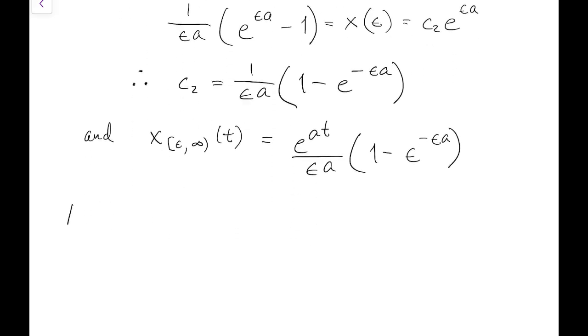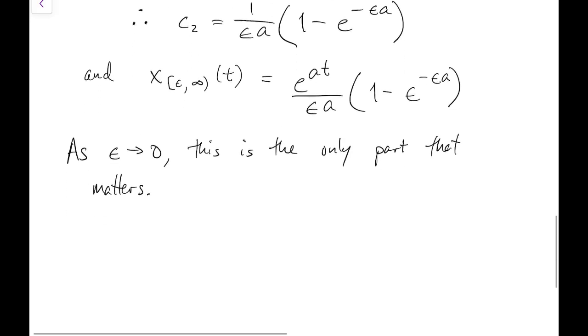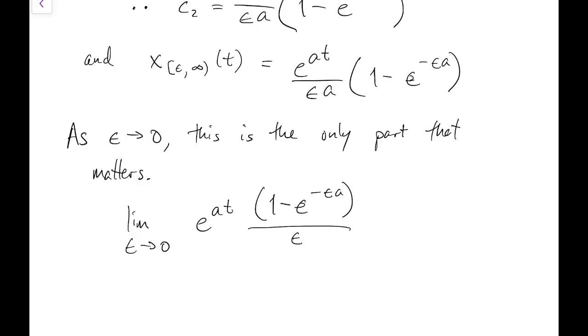Now we let epsilon go to 0 in order to find the impulse response. The only part we care about is the second segment, because we're only looking at t greater than epsilon, and epsilon's going to 0. We can actually use L'Hopital's rule to find this limit.